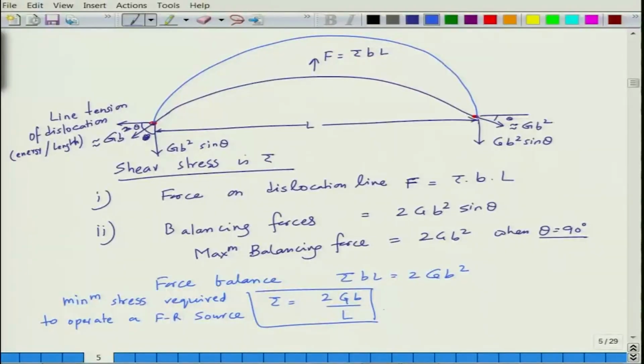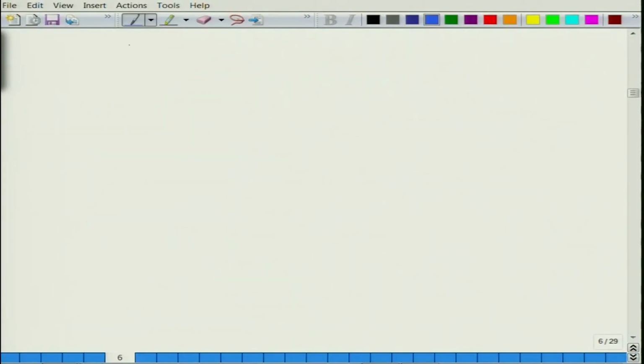So, nevertheless, this is the stress that is required to move a dislocation, tau is equal to 2 G b divided by L, and the distance between pinned ends is d, and this d is related to dislocation density as 1 over square root of rho, where rho is dislocation density.